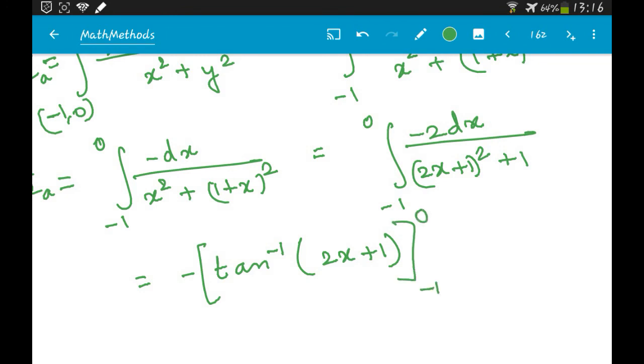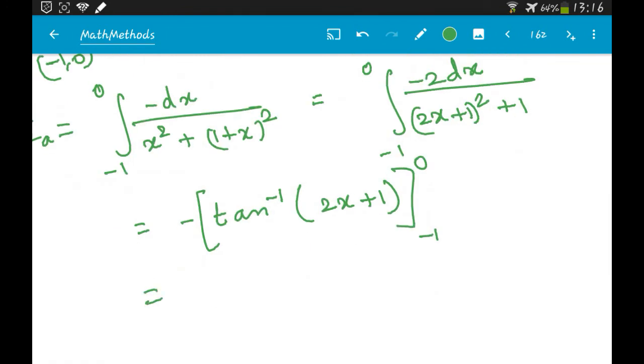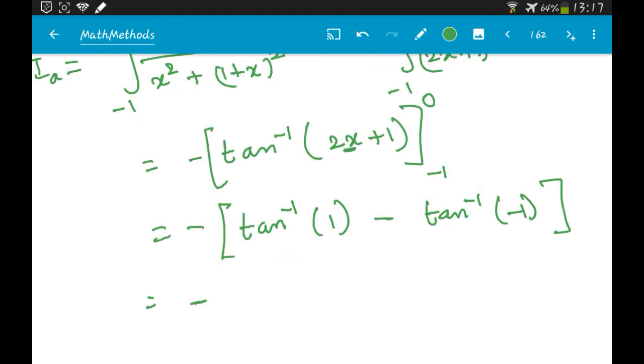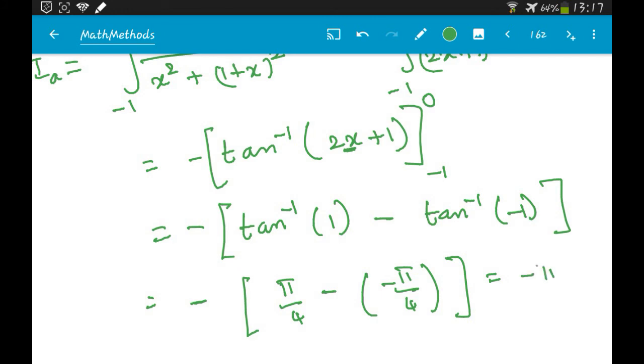This goes from minus 1 to 0. So you have to substitute 0. So you will get tan inverse of 1 minus tan inverse of, substituting minus 1 here, tan inverse of minus 1. So this is nothing but minus of pi by 4 minus of minus pi by 4, which will give you minus pi by 2. So this is your IA.